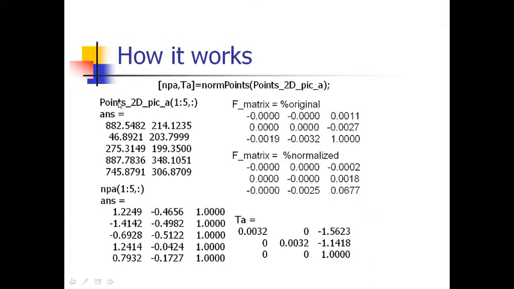Basically, the input data is points corresponding to the coordinates in the image, and it has a large variance because it's based on units of pixels. For example, 882 pixels will have a numeric value of 800 and something.